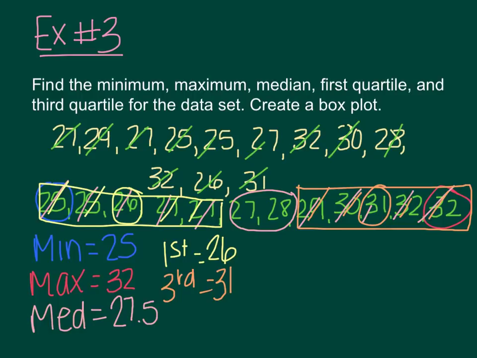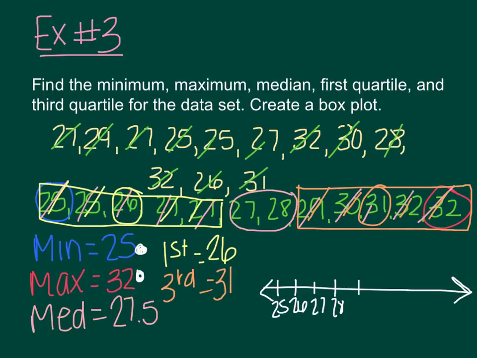Now we go ahead and draw our number line, which has to go from 25 to 32. And we plot our points. So we have the minimum, 25, we put a dot.